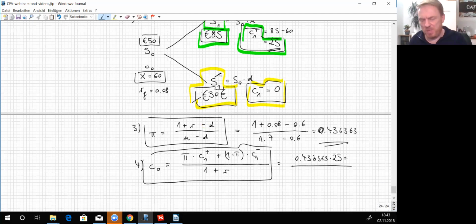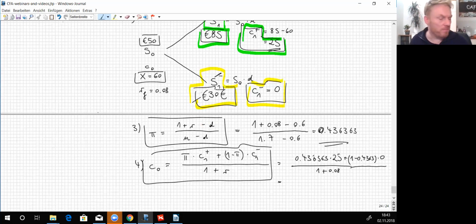I don't know, because 1 minus pi is not really important to us, because it is multiplied by 0. Any given number multiplied by 0, of course, equals 0. Divided by 1 plus 0.08, wasn't it? 8%, yes.